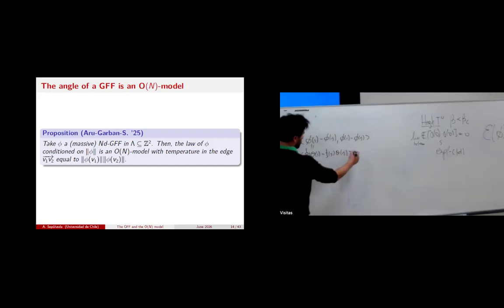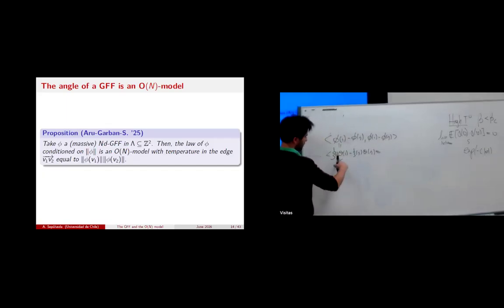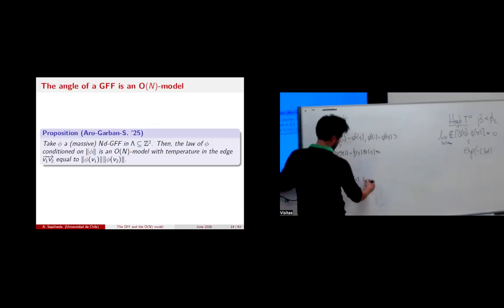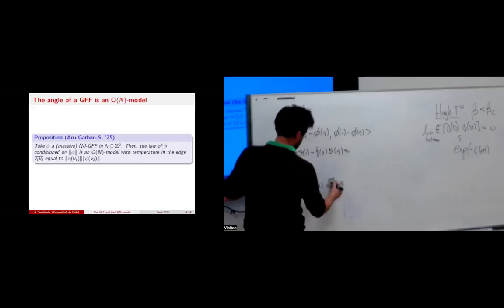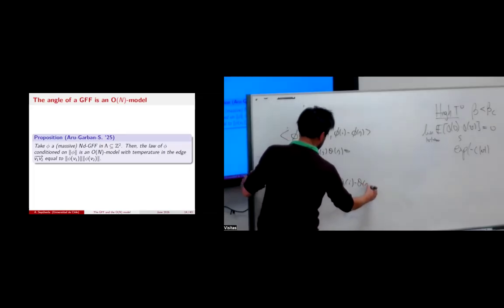I will not do the computations, but you can check that this will give you an energy which is, up to constants, the sum over neighboring i, j of chi_i times chi_j over 2 times theta_i minus theta_j squared.